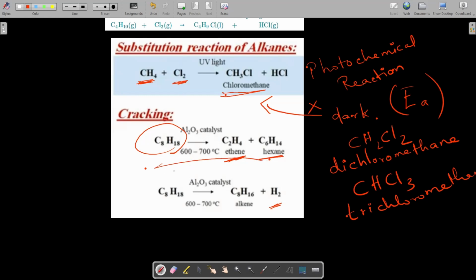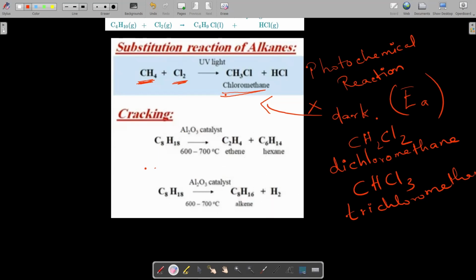But here too, there are conditions applicable. What are the conditions? You need a catalyst, aluminum oxide. And look at the temperature. Temperature has to be between 600 and 700 degrees centigrade. So these are the conditions involved.